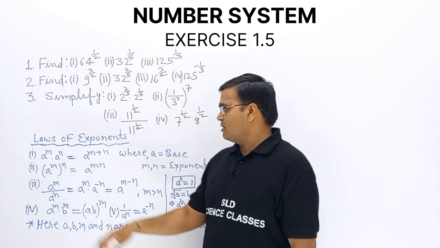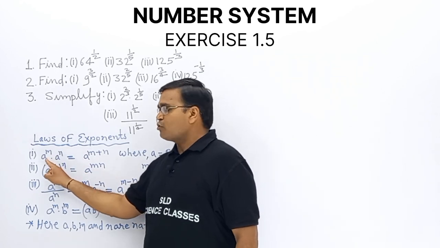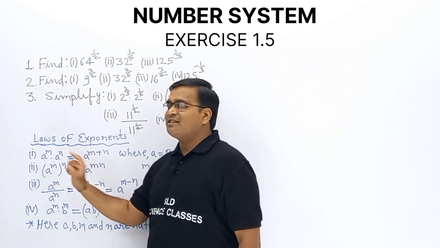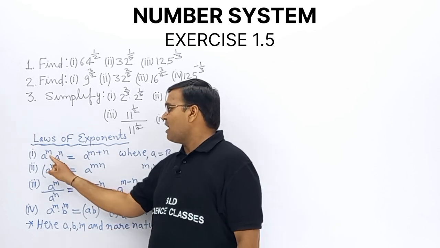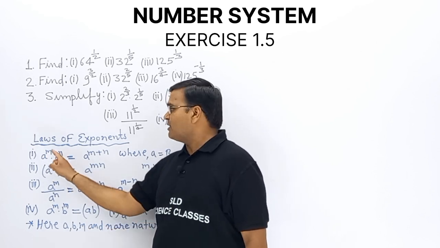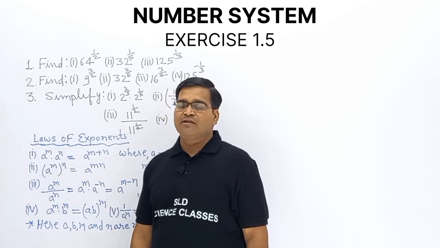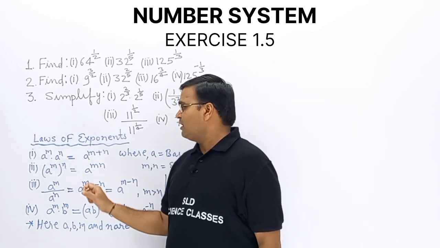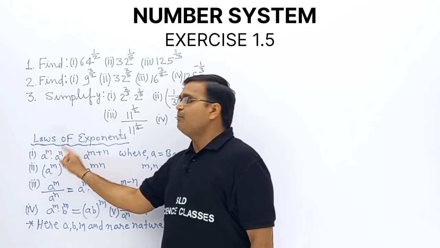So what is in this law? For solving this law, in which both bases are equal and powers are there, its solution will be what? If bases are equal, then we will add powers.